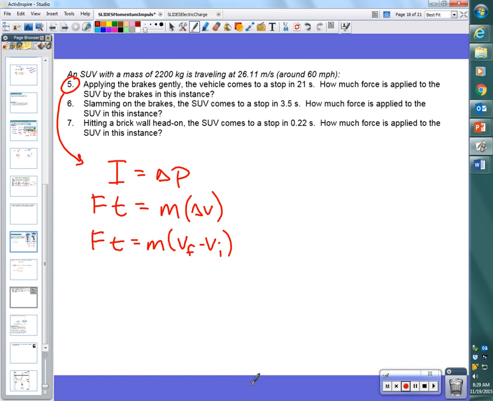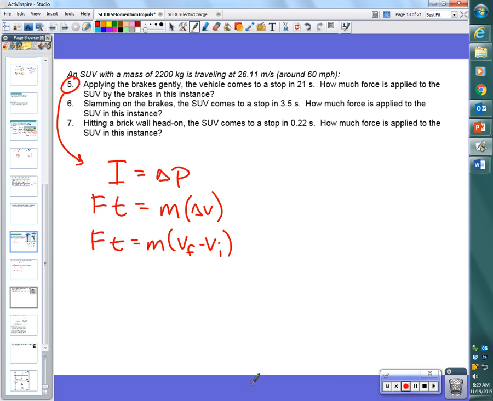It asks us to solve for the force, and that means we need to know all the other things in that equation. Do we know the time? Do we know the mass? Final velocity is always going to be what? 0, and then the initial velocity, 26.11.